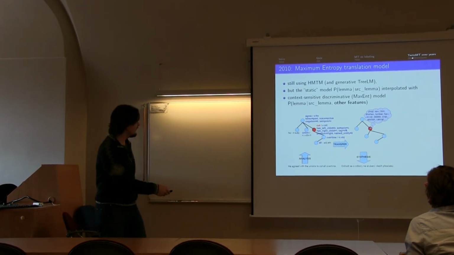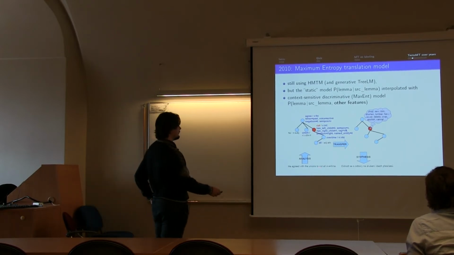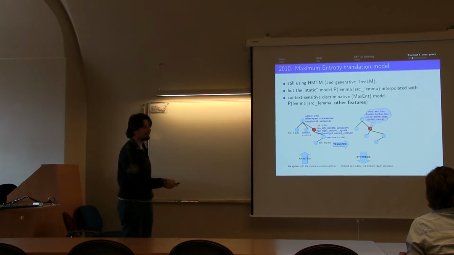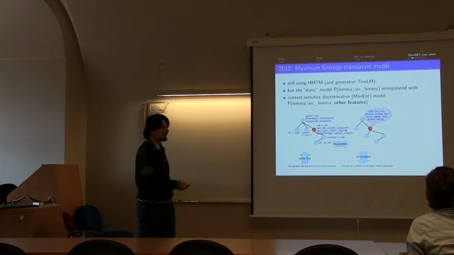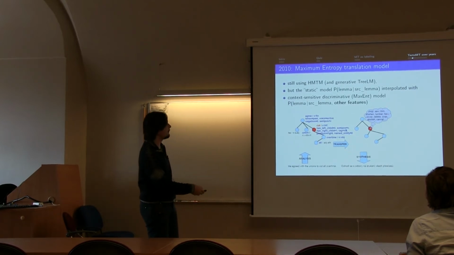So here the sentence says, he agreed with the unions to cut all overtime. And the question is how to translate the word cut. And actually, in this case, the Czech equivalent of cut could be translated as chop, saw, trim, shorten, lower, and so on.